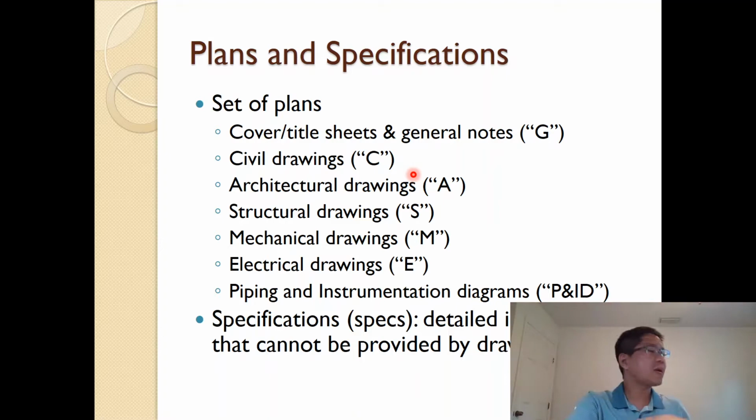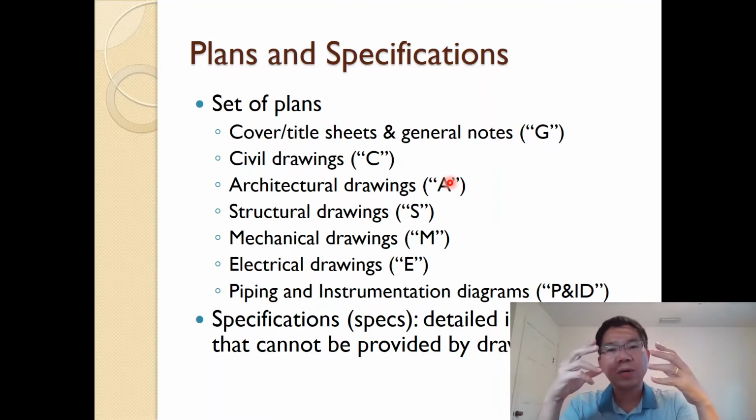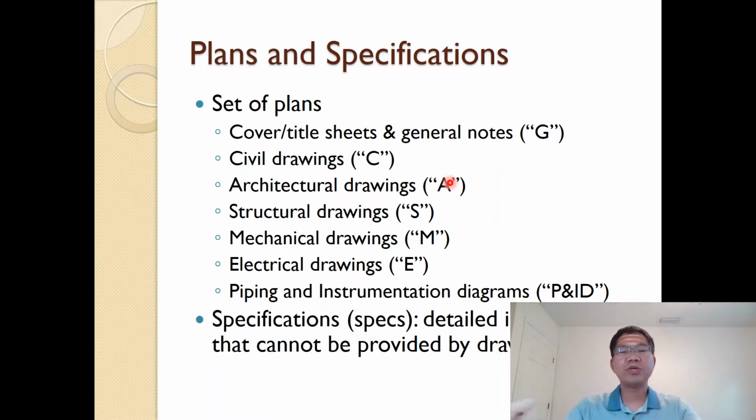So they put it in the specification, which has more detail and more information about what is presented in the drawings. So for now, you need to know that when the drawing number starts with C, it's civil; A, architectural; S, structural; then mechanical, electrical, piping and instrumentation diagram. And there are many others, if needed.